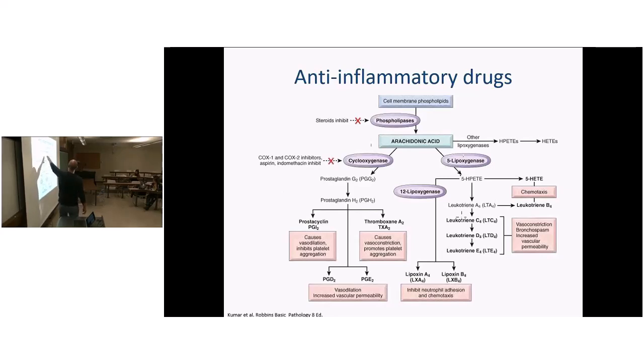In the case of steroids, yes, they do block some of these phospholipases, but they are also much more potent. For example, if you do an organ transplant and you need to put your immune system down so you don't have rejection, you use a lot of glucocorticoids.